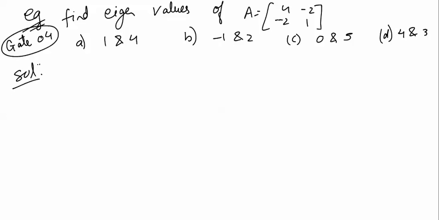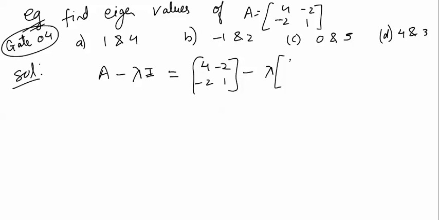Methodologically, if you say the first, I will find A minus lambda I. So this will come out to be A, that is [4 -2; -2 1], minus lambda times I, which will be of the order of this only, so 2 cross 2.